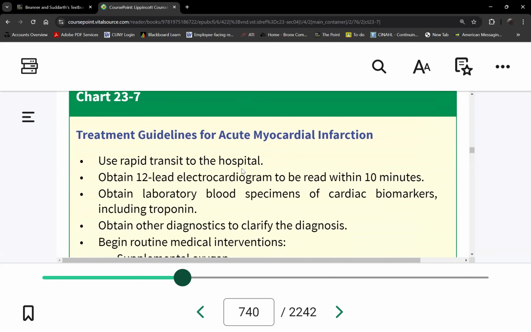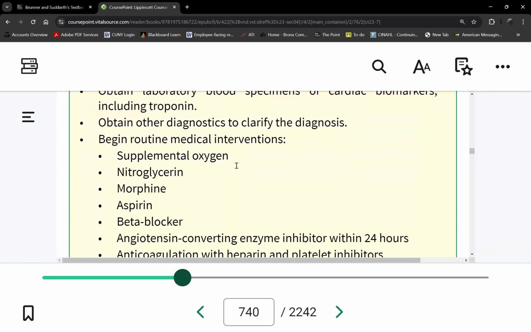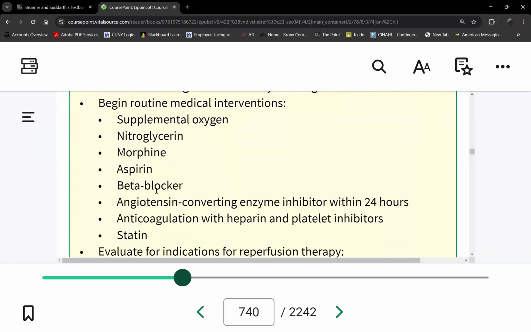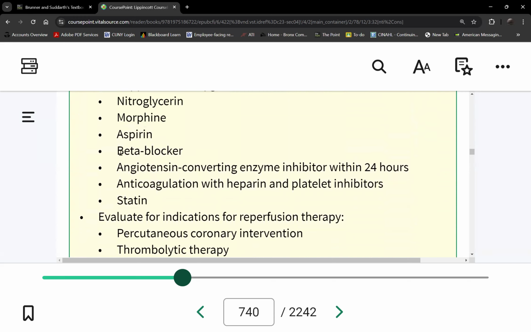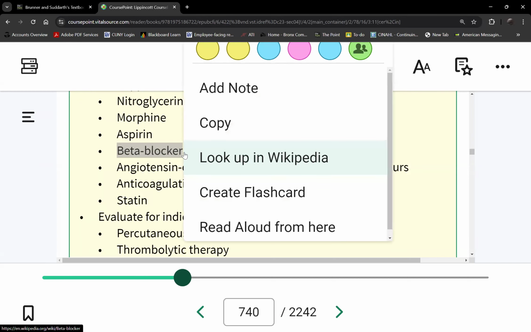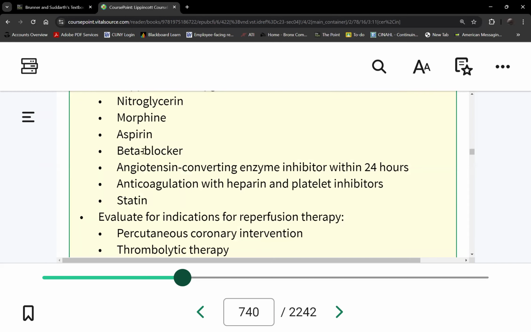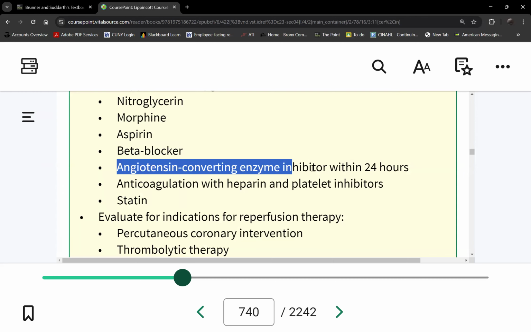So here are our guidelines. And then the drugs, of course, is ONAM, together with beta blockers. Now, the beta blocker is, of course, going to not only suppress the sympathetic stimulation, which is again automatically triggered, but also lower blood pressure, in addition to ACE inhibitors.